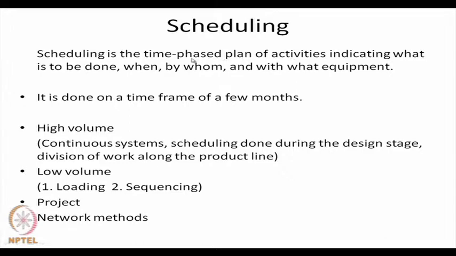It is like a train timetable indicating when what is to be done, when it will be done, by whom it will be done and with what equipment. Usually it is done on a time frame of a few months. Scheduling can be done for high volume continuous systems, for low volume products and for project type of activities.